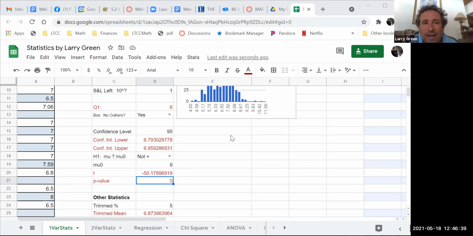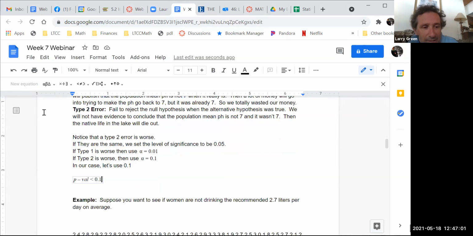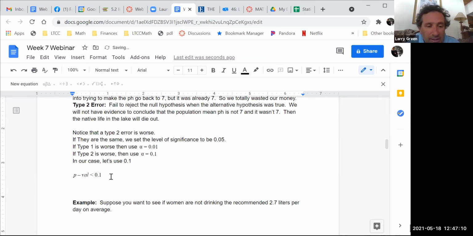So because the p-value is small, let's go back. So we got our p-value. It was less than 0.1, because 0.1 is what we called our level of significance. And we decided on that right here. Because the p-value is less than 0.1, here's the conclusion.